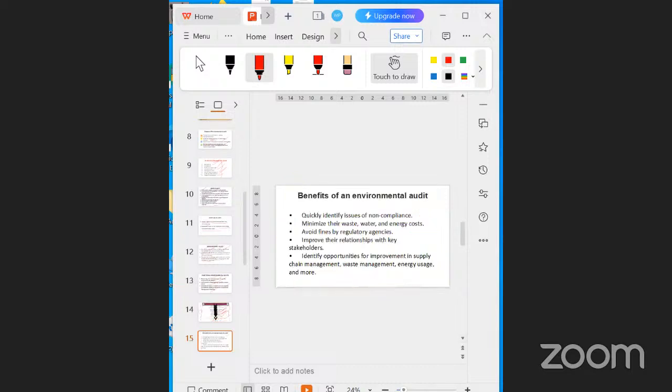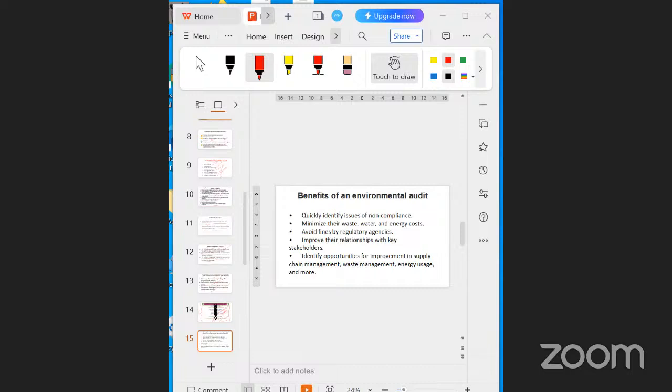Now, what are the benefits of an environmental audit? So you see, the importance of an environmental audit in today's context is significant, right? Protecting the environment requires environmental assessments and audits. These assessments help to provide scientific data to better understand the risks that pose a threat to a company and how they might be mitigated. Right?